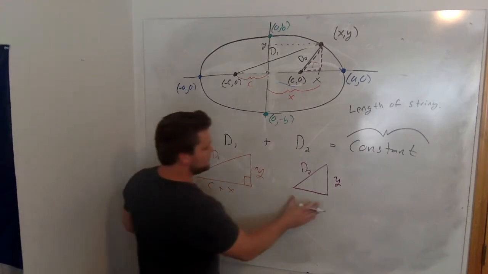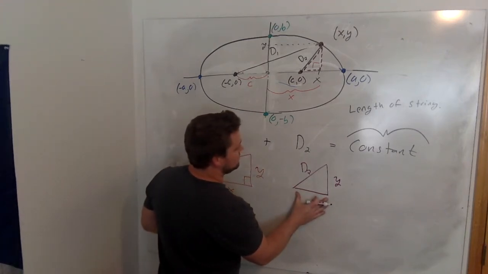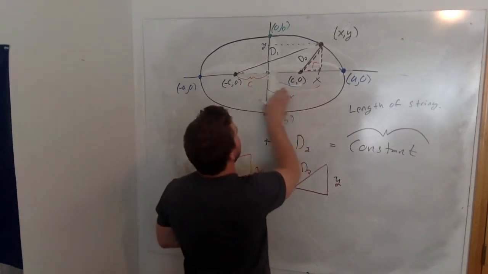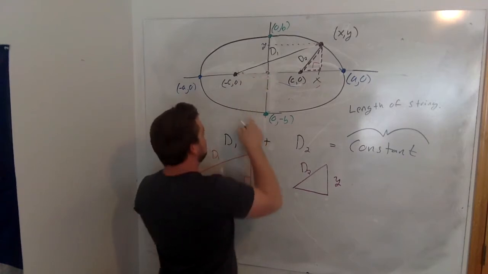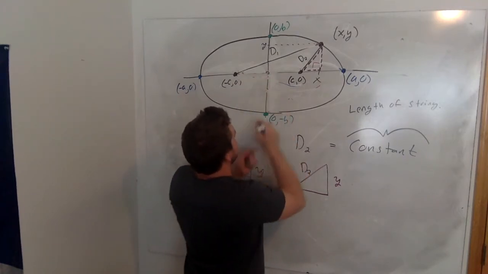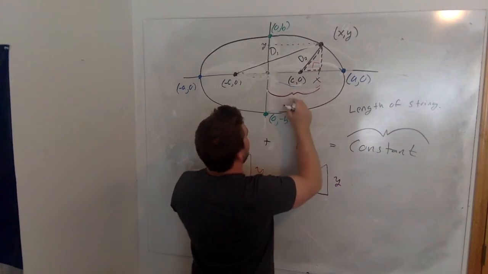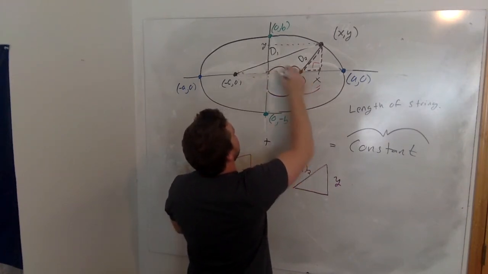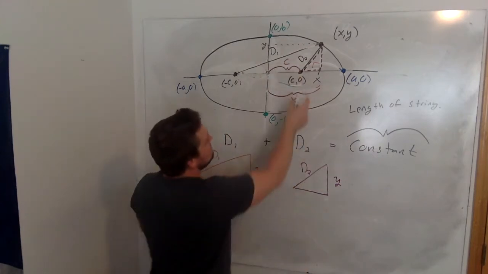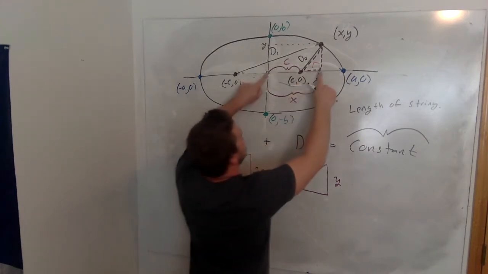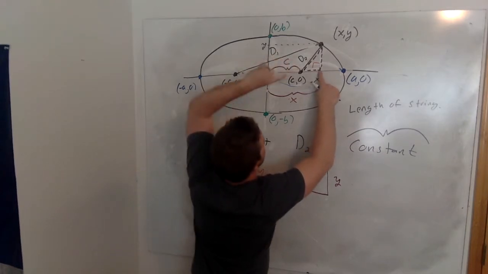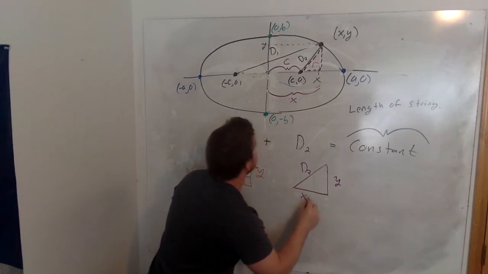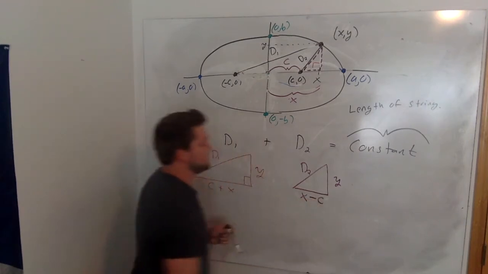And what is going to be the length of the horizontal leg? The distance from here to here is x, and the length from here to here is c. So this is the length that we want. To get that length, we could take the length of x and remove c. So this length here will be x minus c.